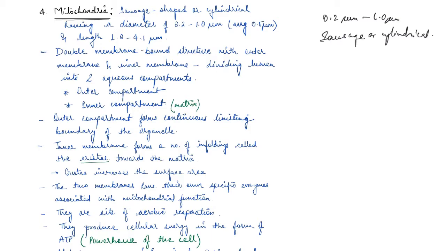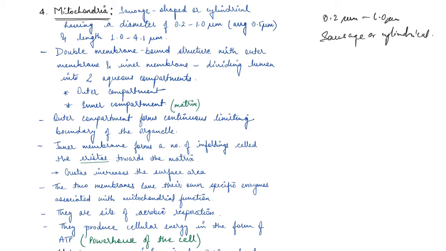So it has two aqueous compartments, the outer compartment and the inner compartment. The inner compartment is known as matrix. The outer membrane forms a continuous limiting boundary of the organelle.